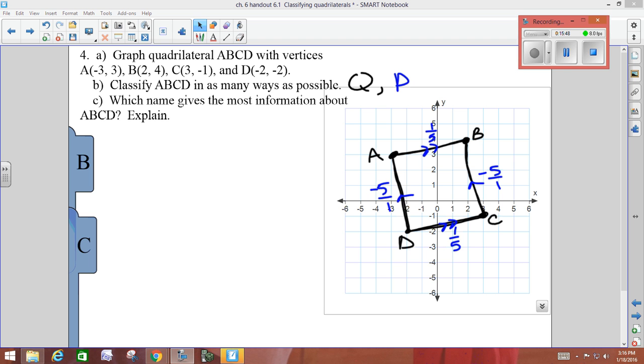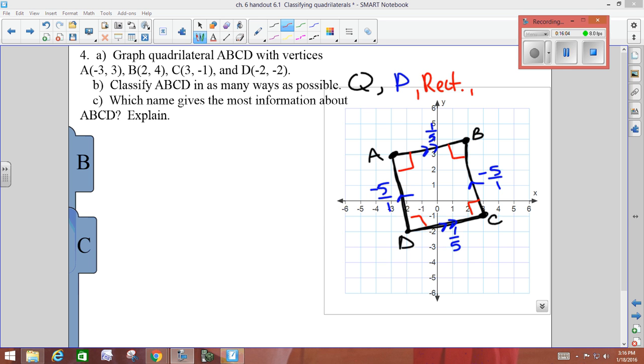Good. The slopes are opposite reciprocals. AB and AD, the top and left, positive 1/5, negative 5 over 1, opposite reciprocals, means those lines are perpendicular. And to be perpendicular, you get 4 right angles. So this would be a rectangle.